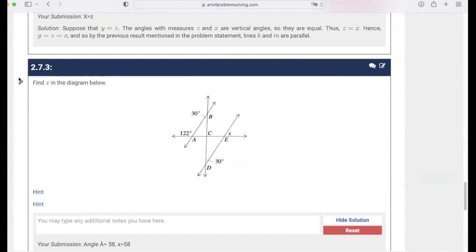Can you do this question here? Let's do this together. Find X in the diagram. First, you have to prove that these two lines are parallel.